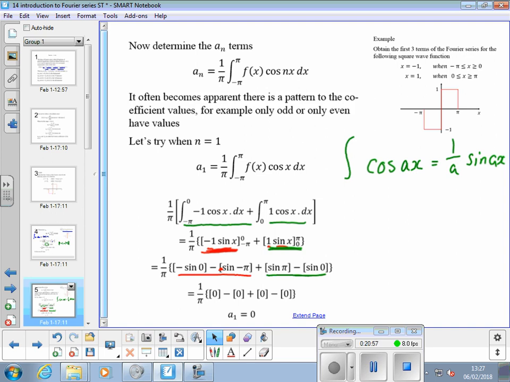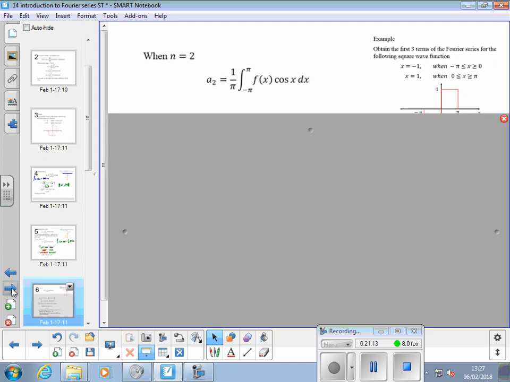If I just tell you there are none, well, why am I telling you that? Whereas that proves it. So there's no first cosine term. Have a go. Is there a second cosine term?